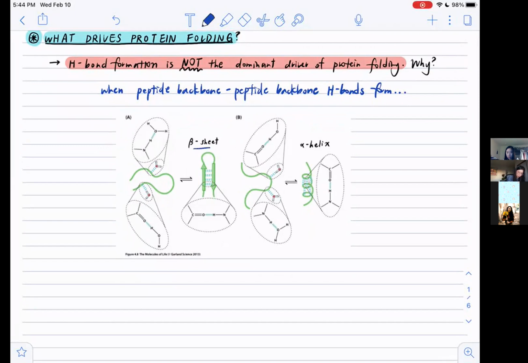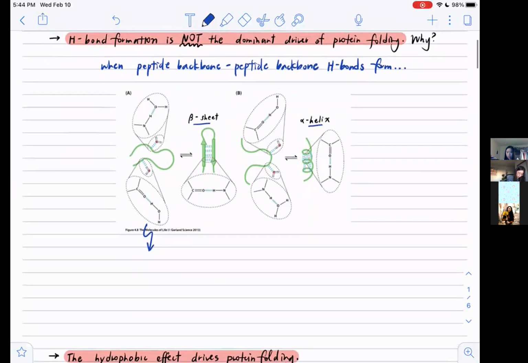Here's a beta sheet, here's an alpha helix. And what you can see is that on the left-hand side, initially in the unfolded state of the protein, there are backbone water hydrogen bonds.